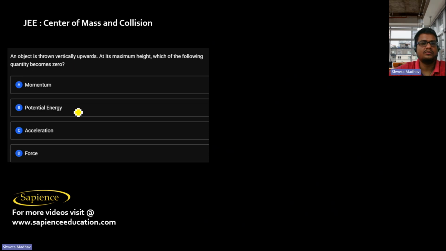Then here it is told an object is thrown vertically upwards with an initial velocity u. At its maximum height, which of the following quantity becomes 0? That we have to find.